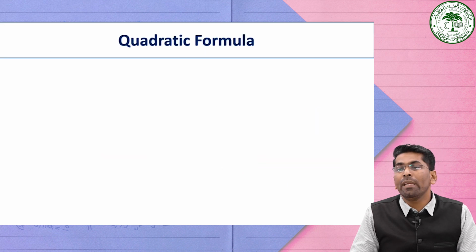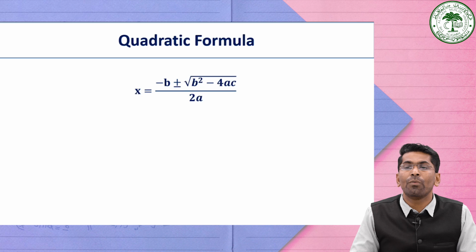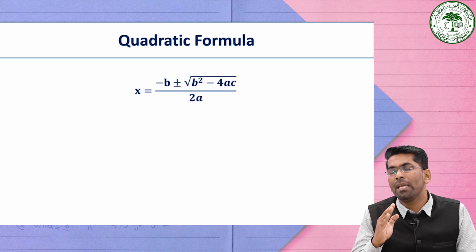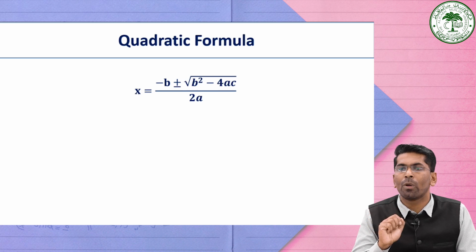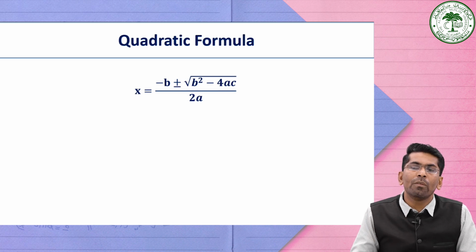So thus, after the equation has been reduced into the form ax square plus bx plus c equal to 0, that is the quadratic general format, we are able to solve the quadratic equation by using this quadratic formula, that is x is equal to minus b plus or minus under root b square minus 4ac divided by 2a.